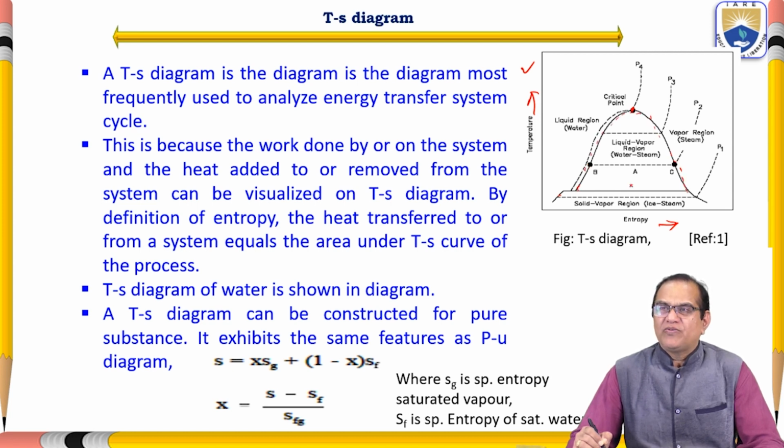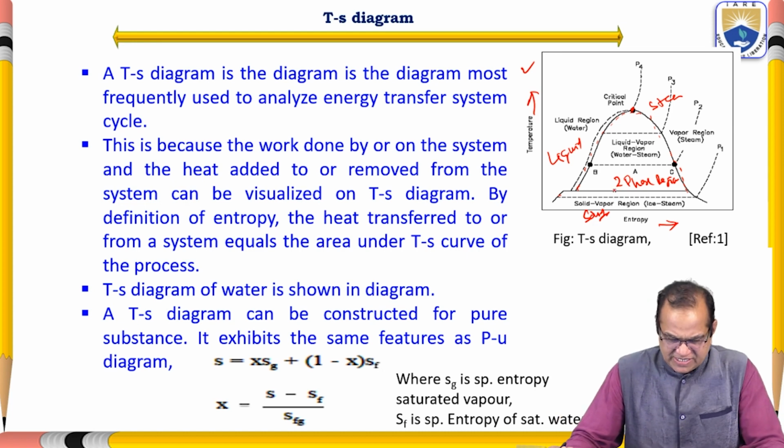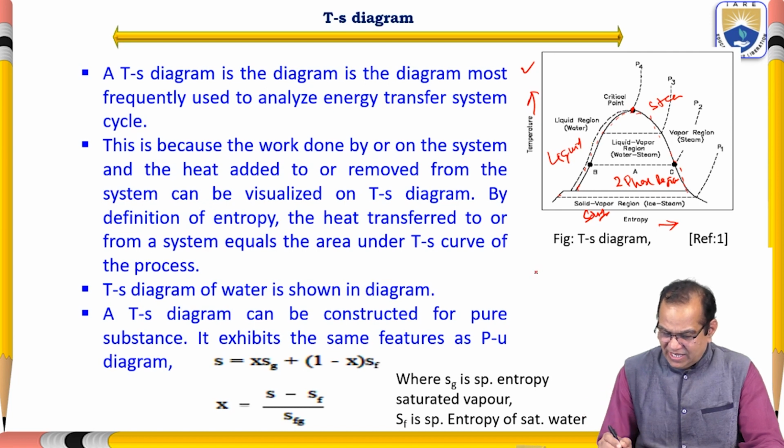It is a two-phase region, and beyond this you will have the gases or the steam here, and here you have the liquid, and here you have the solid and the vapor. So this TS diagram will give the heat transfer.